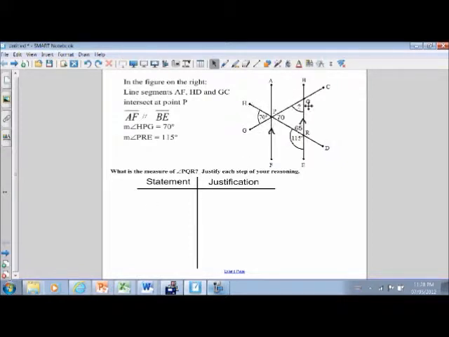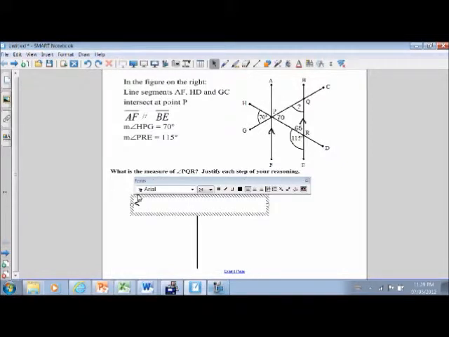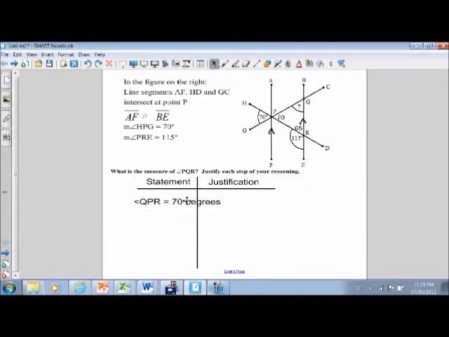The first thing we said was angle QPR. So I'm going to write that down. Angle QPR, again remember we put the vertex in the center, equals 70 degrees. I'm just going to write out degrees because it saves a bit of time. Now, how do we know that?